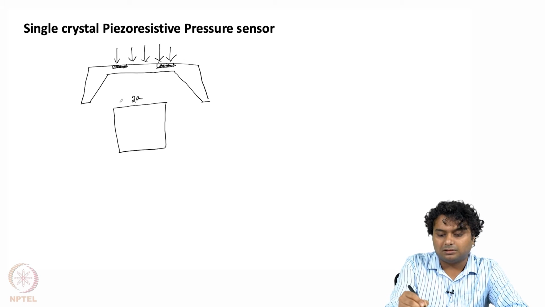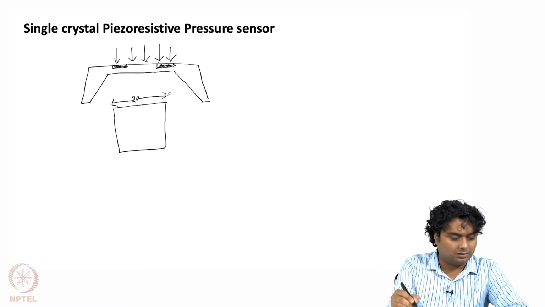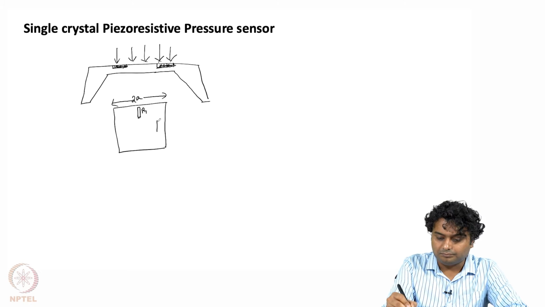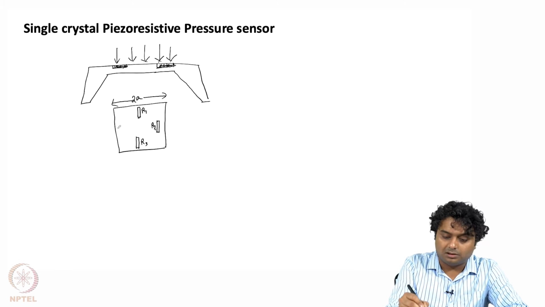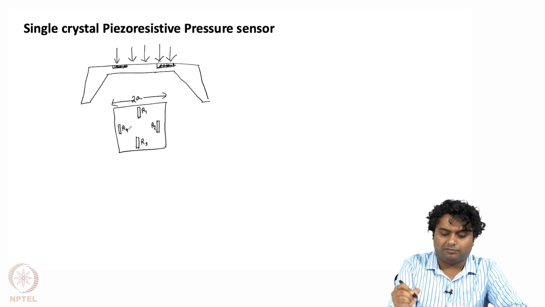This side is, let us say, 2A, and we have four different piezoresistors: R1, R2, R3, and R4.